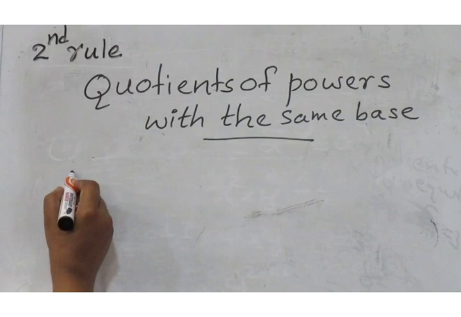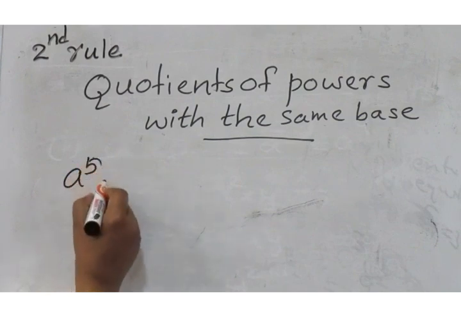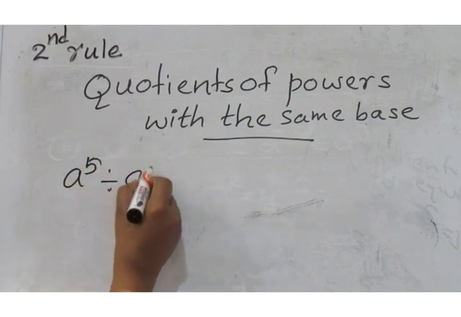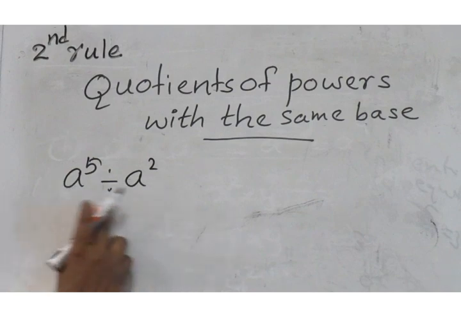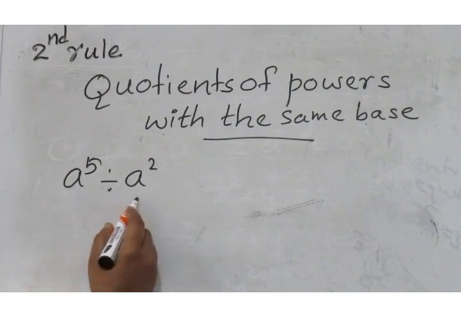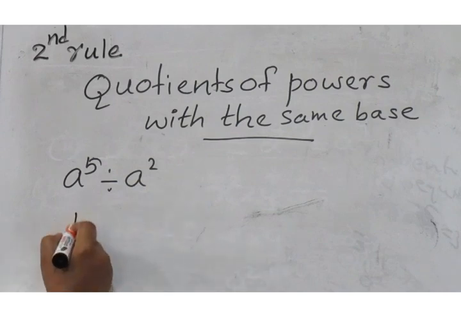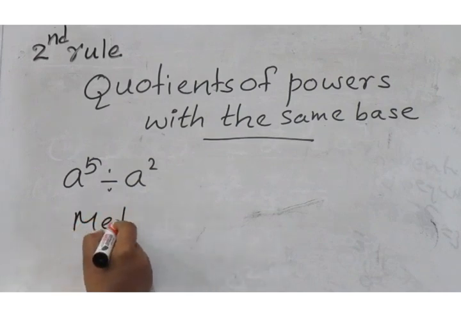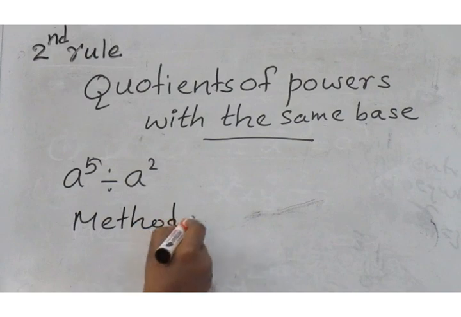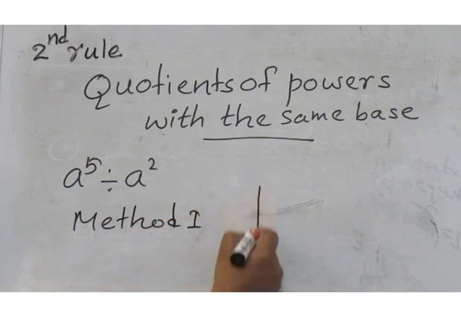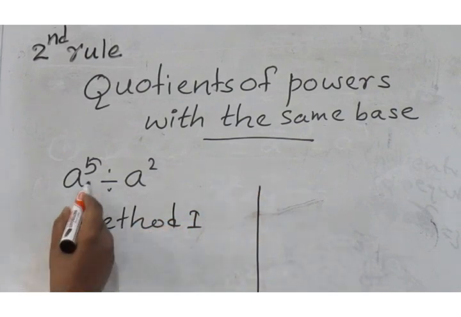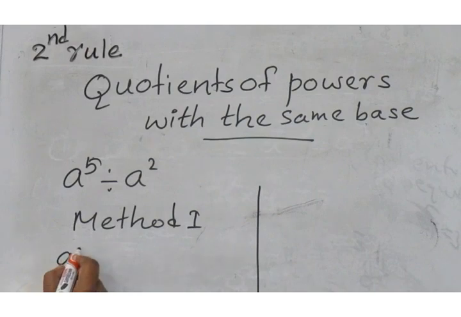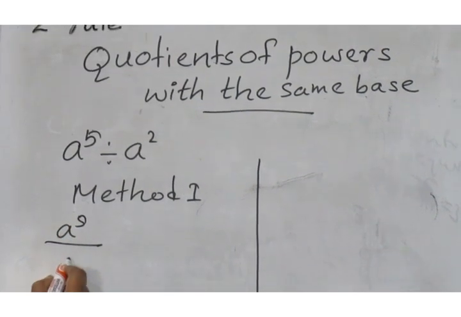Now see here. Now this is the division of two equal powers. Now I am going to simplify this using two methods. Now see the method 1. Then write this as a division, as a fraction.